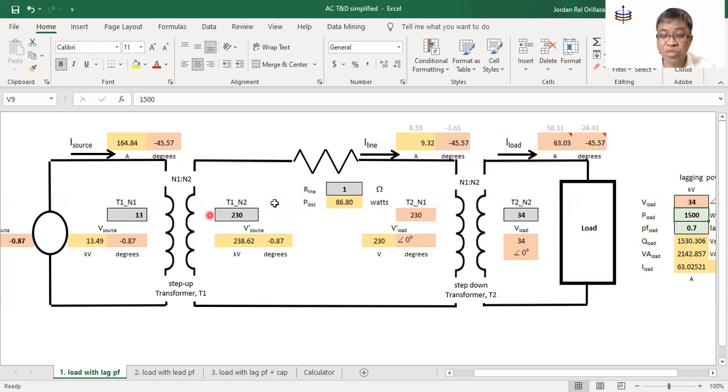If this is a 230 kilovolt side, then this must be a 230 kilovolt side, so you don't change this. This is a copied value from this. But this you can change here. It's gray. You can pick a voltage level for the secondary of this transformer. We pick right now a 34 kilovolt rating for the secondary of the second transformer.